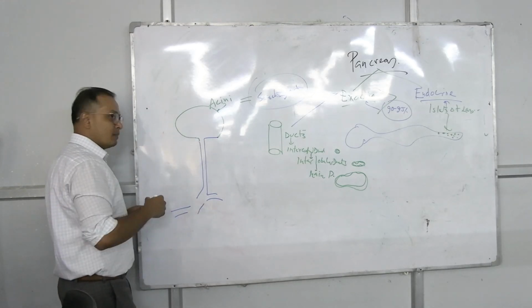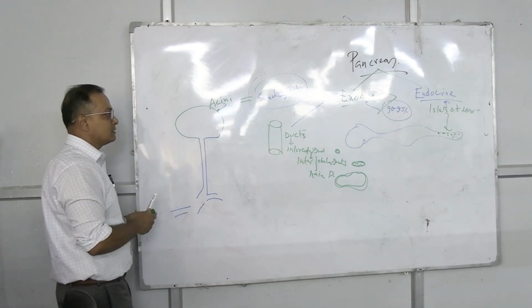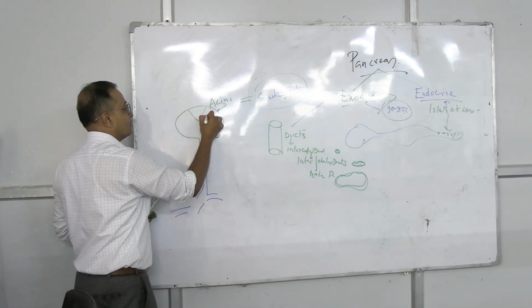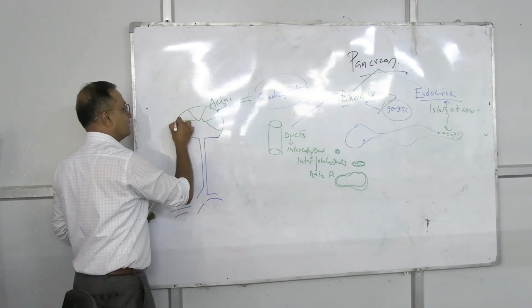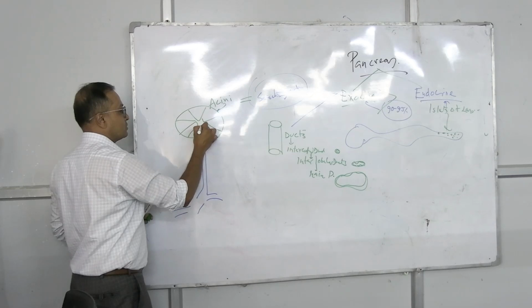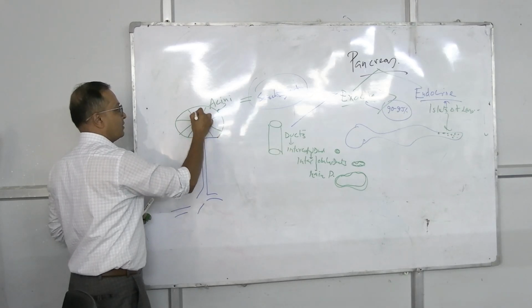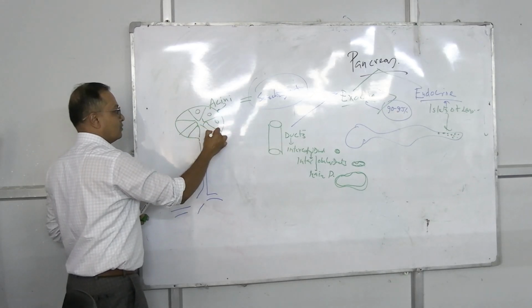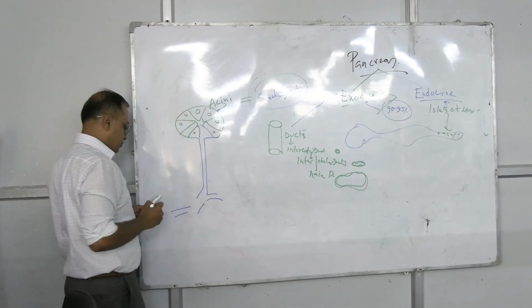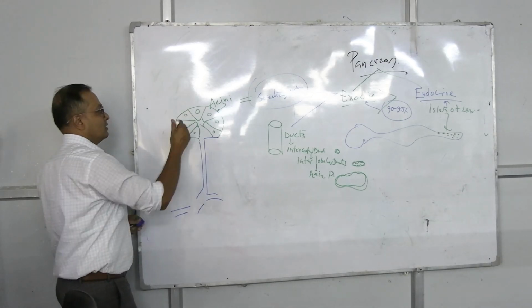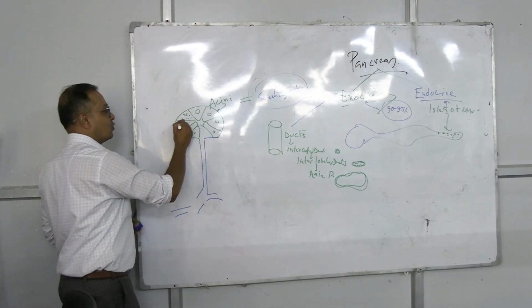This unit we call acini, and the cells present in the acini we call acinar cells. They produce the enzymes. The cell has a nucleus and a secretory component we call zymogen granules, which are stored enzymes.